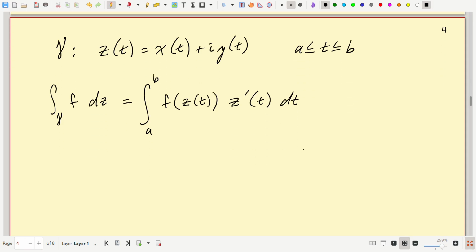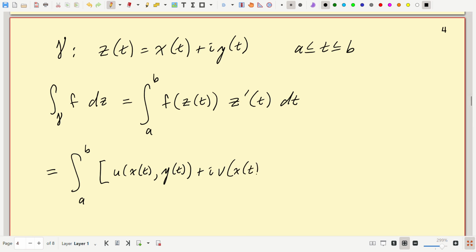Let's see, I'll write it out in gory detail and then I'll start simplifying the notation. So that would be the integral from a to b of u of x of t, y of t, plus i v of x of t, y of t, plugging it in, times z prime of t, which is x dot of t plus i y dot of t.